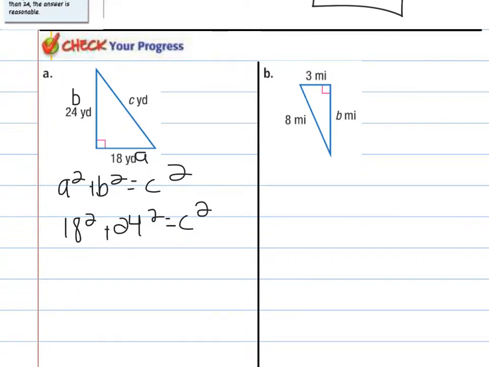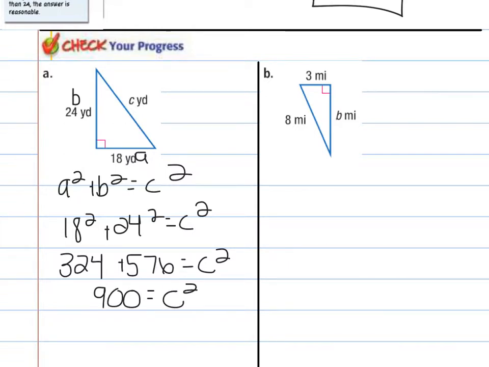Evaluating those, I get 324 plus 576 equals c squared, which equals 900 equals c squared. By the definition of a square root, I can take the square root of both sides to undo that exponent. So I get c equals 30.